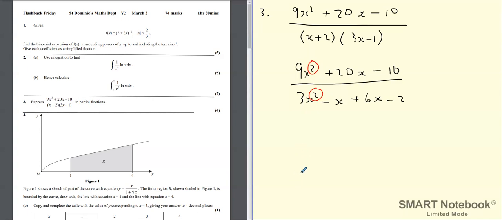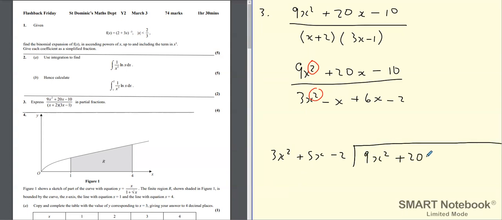So the first thing we need to do is long division here, so that we can then split the remainder into partial fractions. So we're going to say 3x squared plus 5x minus 2. How many times does that go into 9x squared plus 20x minus 10?